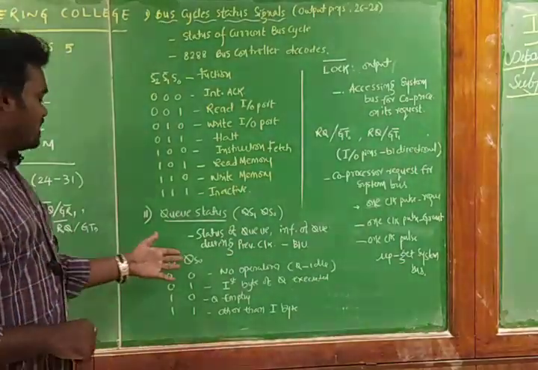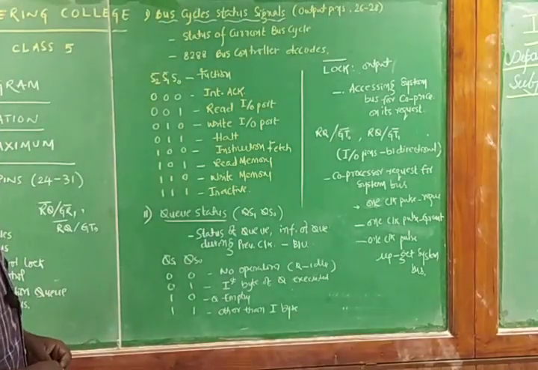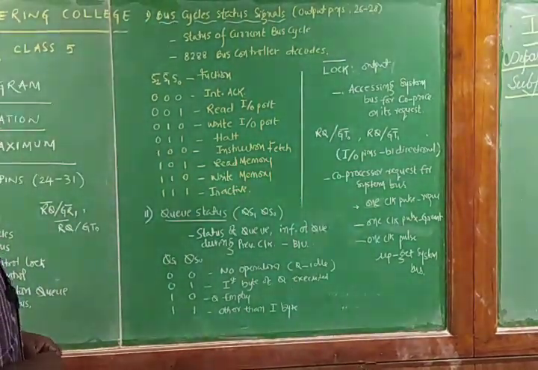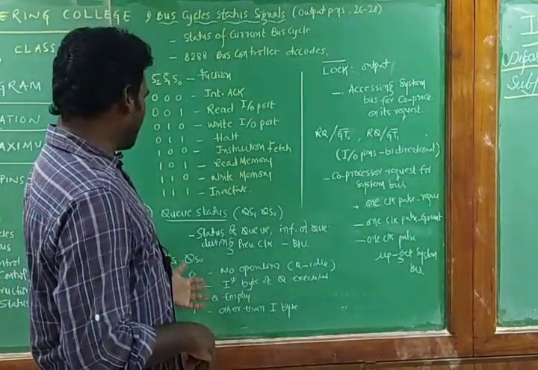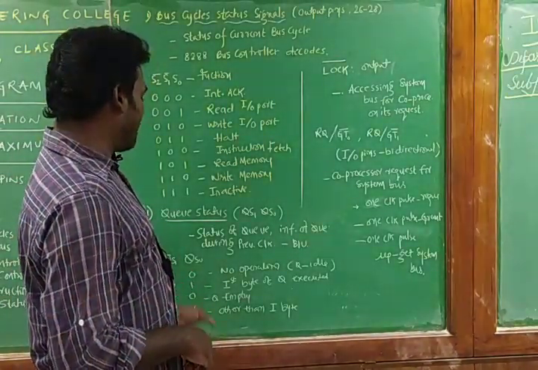With the two signals, QS1 and QS0, we can have four possible combinations: 00, 01, 10 and 11.